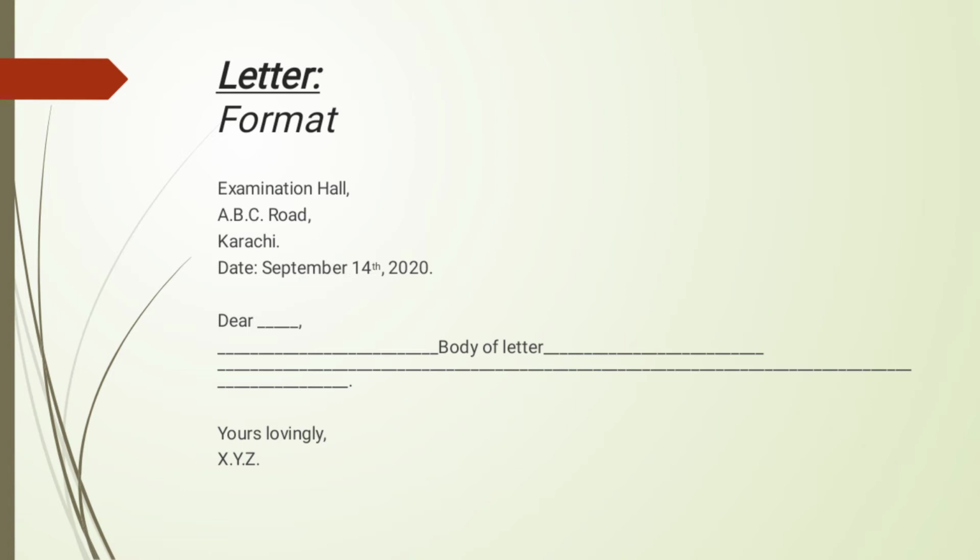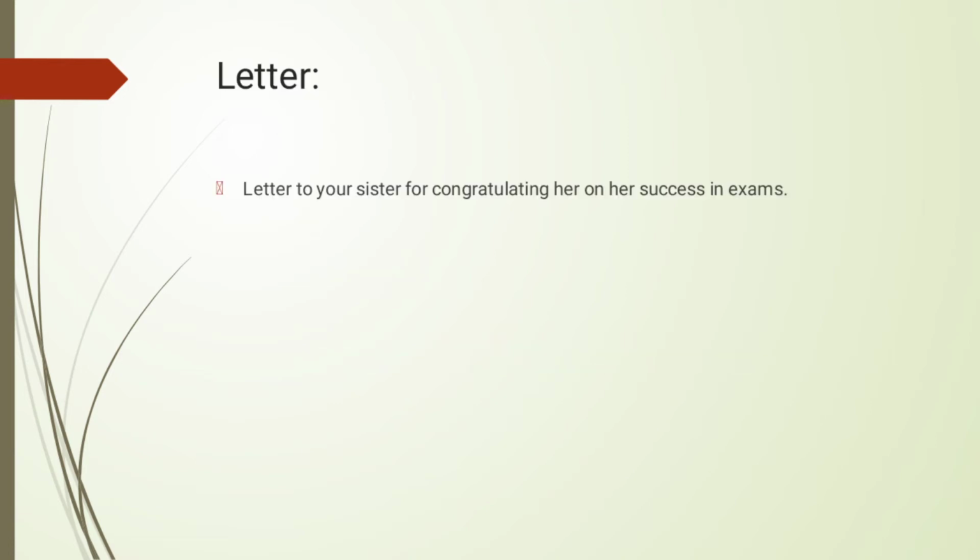Subscription is different in different letters, for example, yours lovingly, yours affectionately, your loving friend, your loving brother, and so on. Now, you have to write a letter to your sister congratulating her on her success in the exam. The letter is written in a doc file.